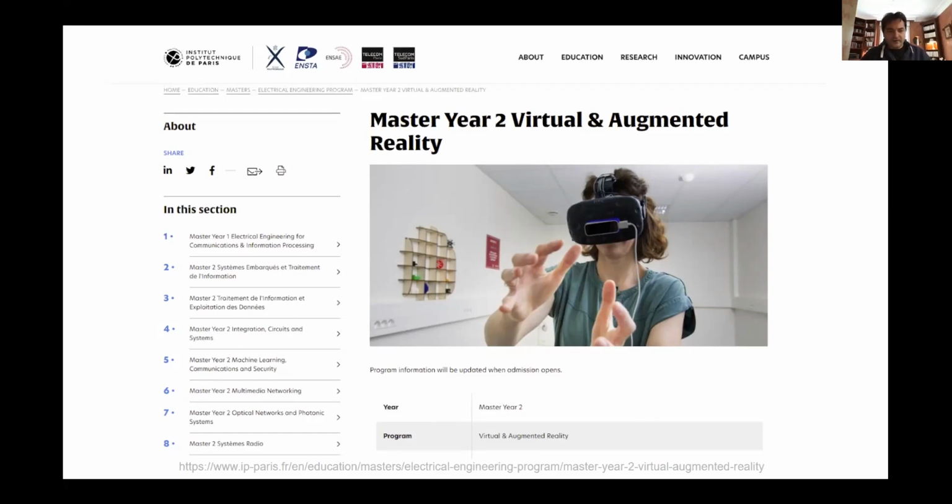But on the teaching side, we start this year. Actually, this is the first promotion that we have on this Master 2 on virtual and augmented reality. And as many other programs, because our students are coming from computer science, we have this chain of image processing, starting from computer vision, understanding the environment, of course visual and other kinds of modalities as well, and up to computer graphics.